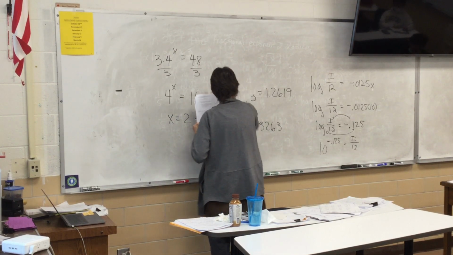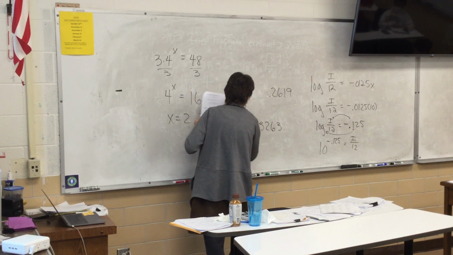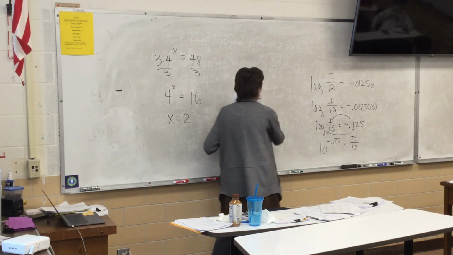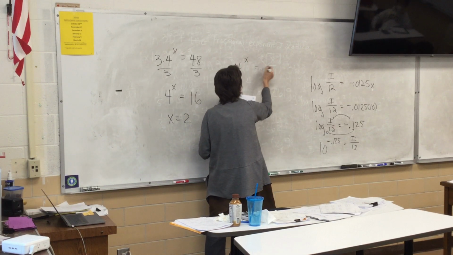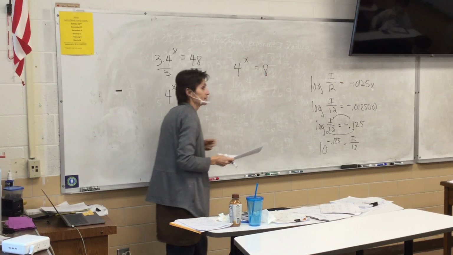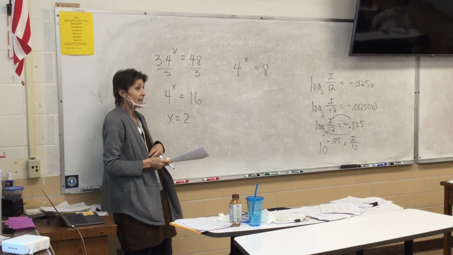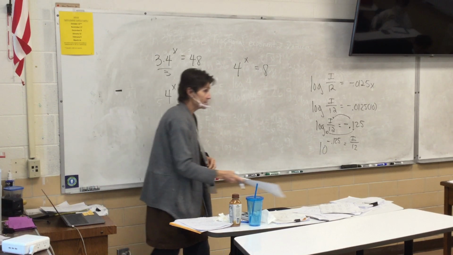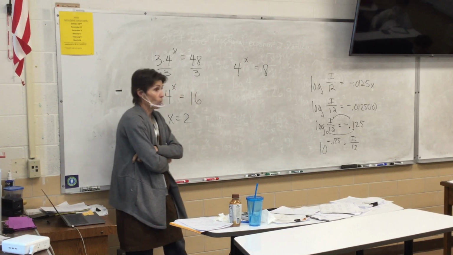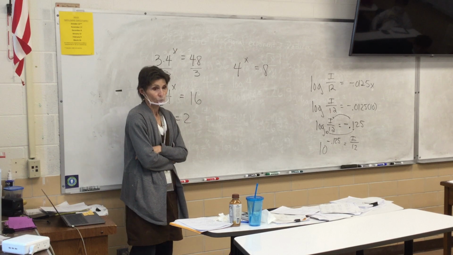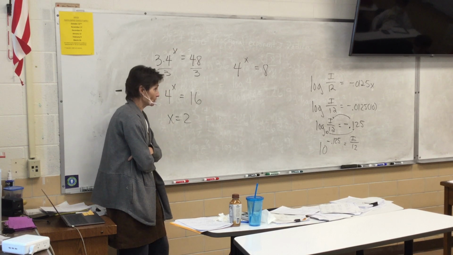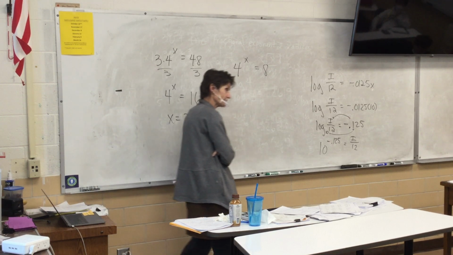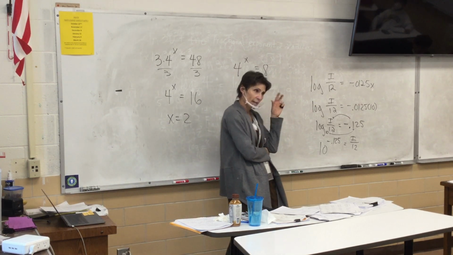All right, now the next one is tricky, because 8 is not a power of 4, or I should say an integral power of 4. However, 4 and 8 are not just random numbers.